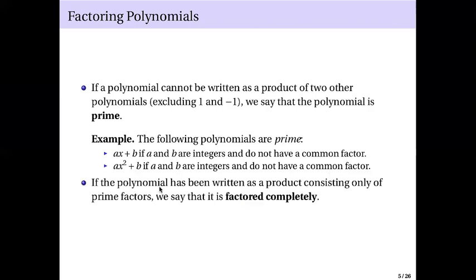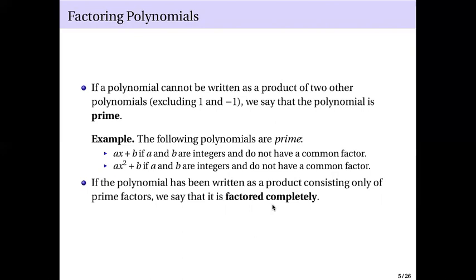Now, if the polynomial has been written as a product consisting only of prime factors, we say that it is factored completely. So you have a polynomial, you were able to find all the factors, okay? And then you write that polynomial as a product of those factors.